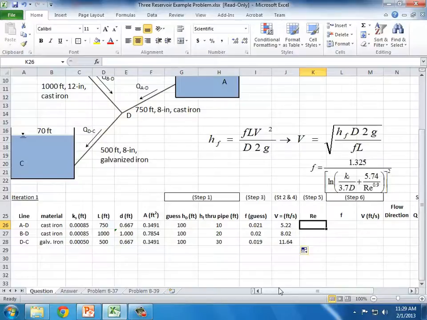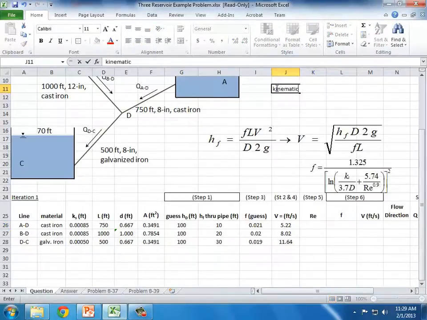All right, the kinematic viscosity of water that we're going to use, let me reference it right here. Kinematic viscosity of water, and the units are going to be feet squared per second.